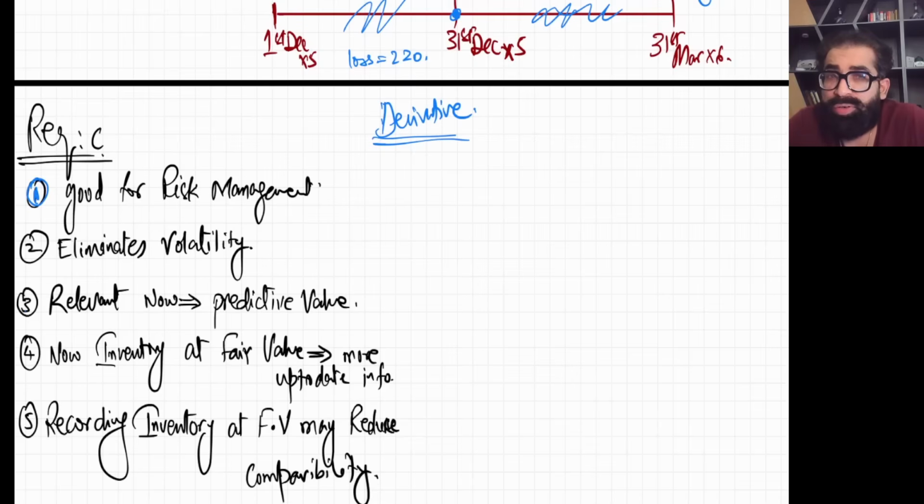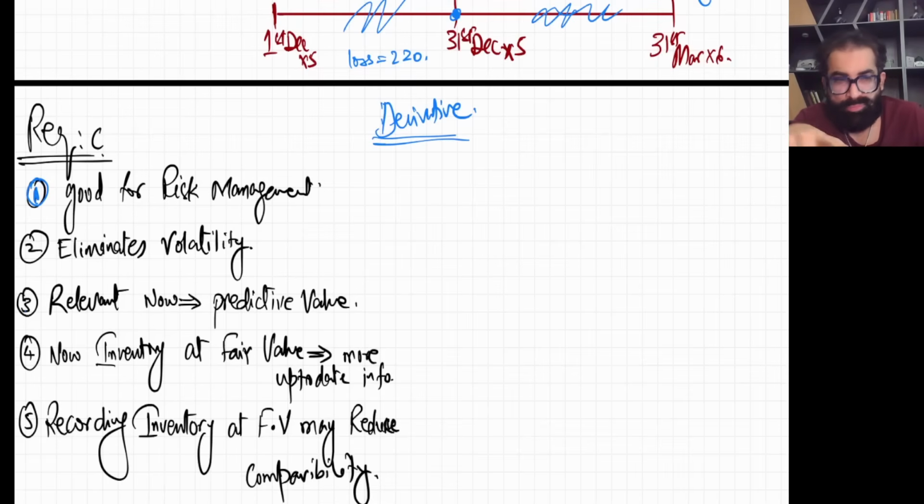The advantage of recording inventory at fair value means you are giving updated information to shareholders. That means whatever fair value is changing, you are giving real time information to shareholders. And one more thing, when you are giving the fair value to shareholders, the shareholder can predict the cost of buying such new inventory right now. Okay, so that is also one advantage.